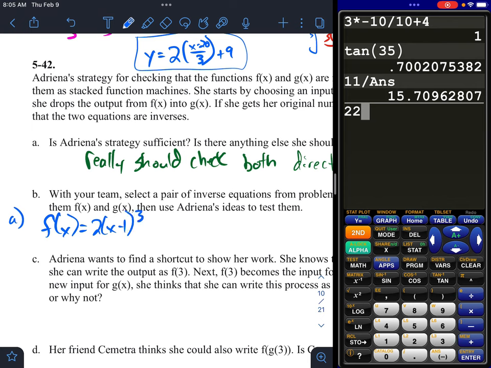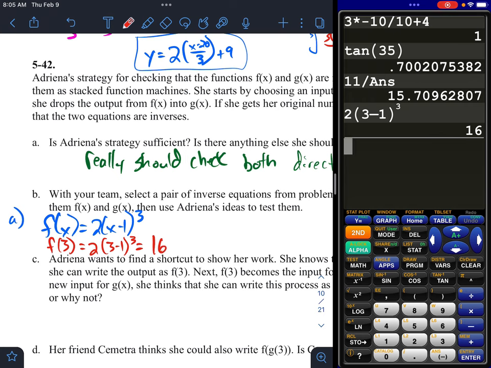And we're saying this is my original function. So if I go f of 3, that means I have 2 times 3 minus 1 cubed. And I'm just going to plug that right in my calculator. So I have 2, parentheses, 3 minus 1, to the third power. Boom. Gets me 16.